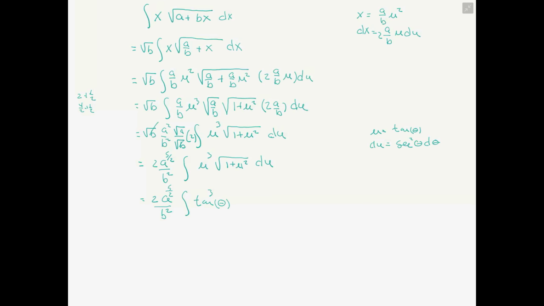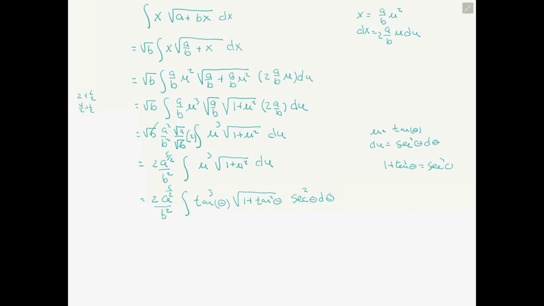And now we have tangent cubed theta times 1 plus tangent squared theta times secant squared theta d theta.